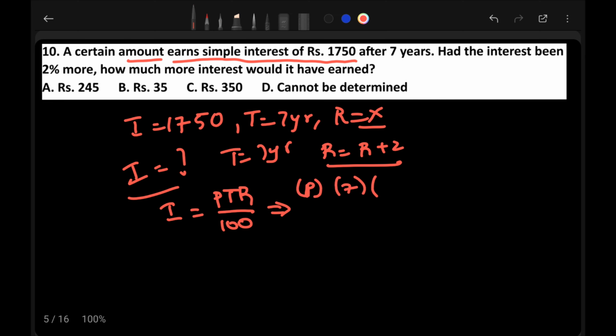Here we actually have two unknowns. These problems are generally rare. Actually the answer is cannot be determined. We cannot determine it because we need at least the principal amount or some kind of interest to calculate the answer. Check it.